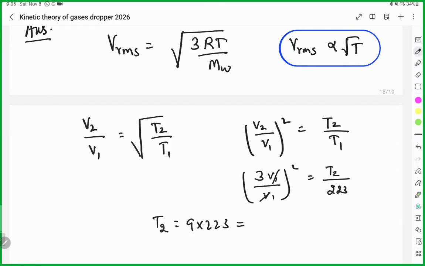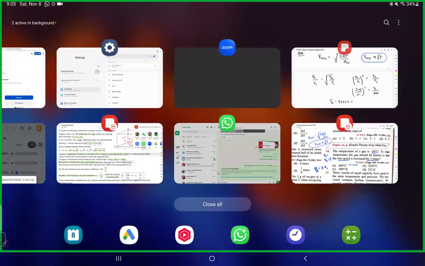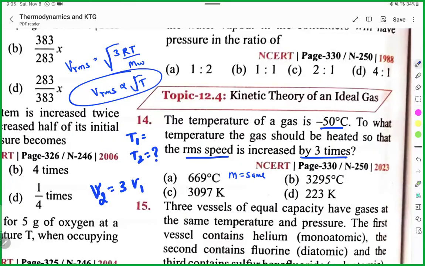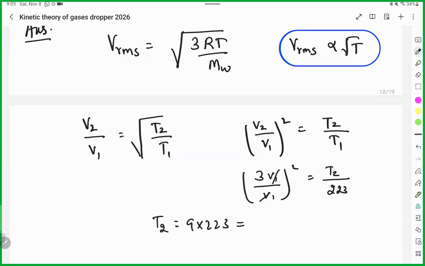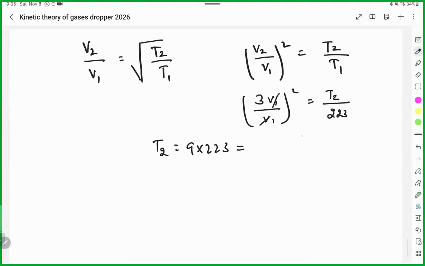Let's check the options, Kelvin and degree Celsius. So 9 times 3 is 27, 9 times 2 is 18, 2007 Kelvin. In degree Celsius, you have to subtract 273.